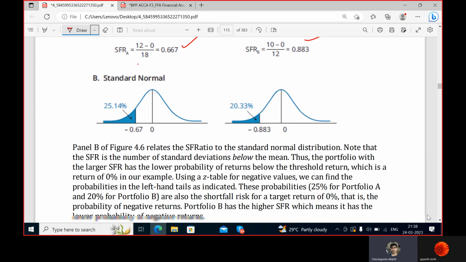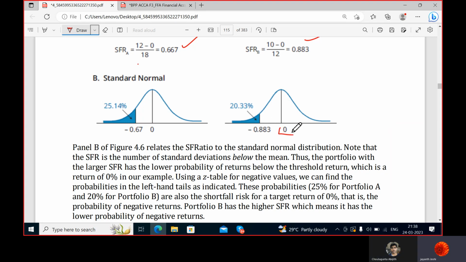Panel B of Figure 4.6 relates the SFR ratio to the standard normal distribution. Note that the SFR is the number of standard deviations below the mean. Thus, the portfolio with the larger SFR has a lower probability of returns below the threshold return, which is 0% in our example.